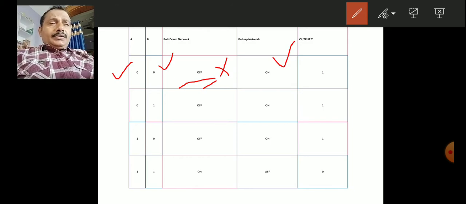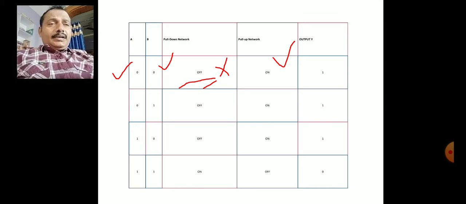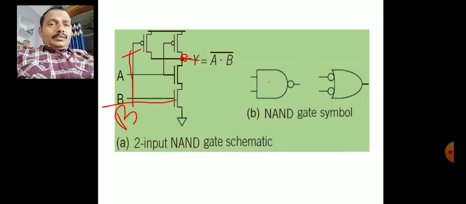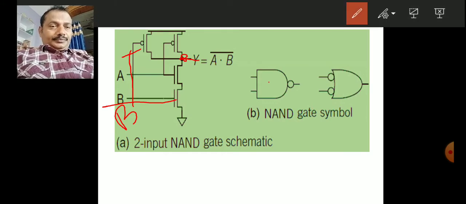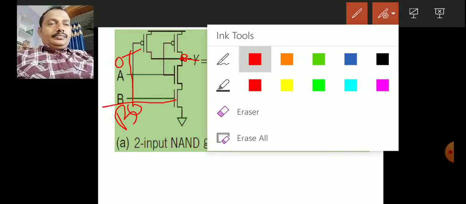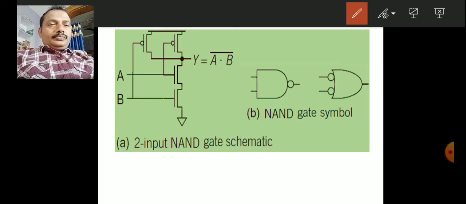Now let us go back and understand. 0 0 here means A is 0.